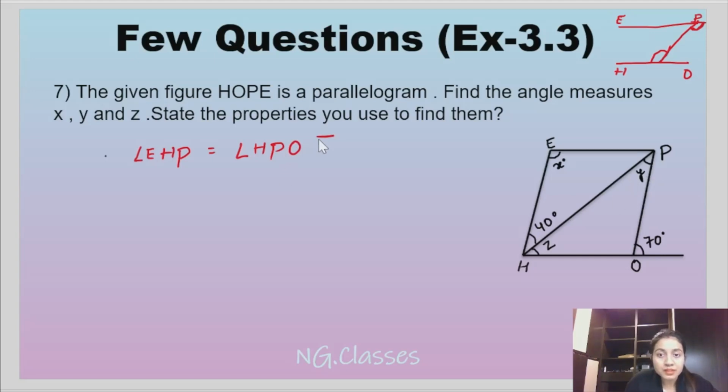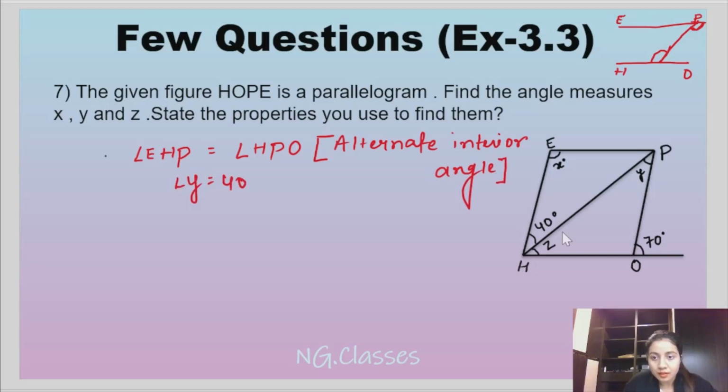Here we need to mention the property: alternate interior angle. Therefore angle Y, from here we got angle Y is equal to 40°. This one and this one I am saying same. So definitely angle Y will be 40°.